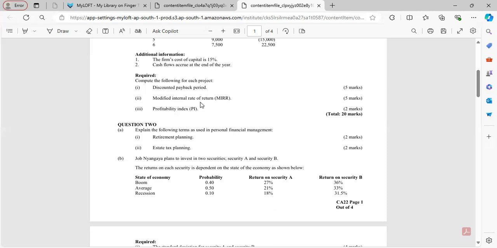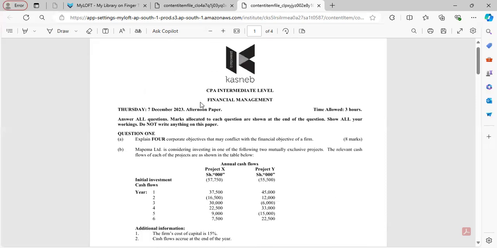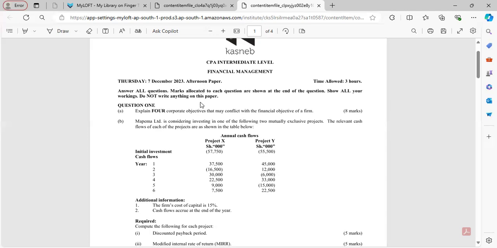This question was tested in December 2023. Is it a pilot paper? No, it is not a pilot paper. December 2023, question 1B. I would like to see how you are going to interpret this question.